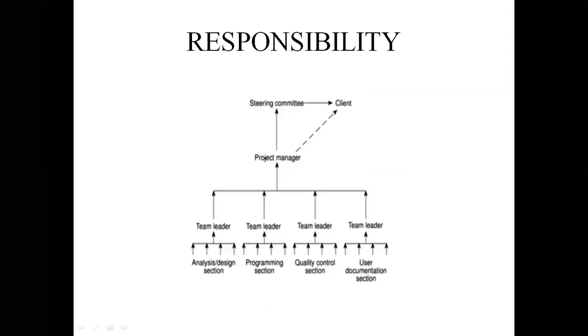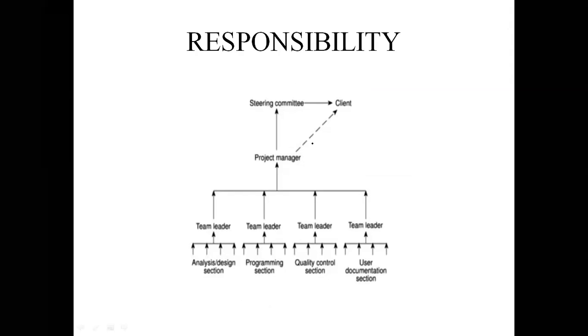Okay. So before going to this, we have to see the diagram. Steering committee. Here the overall responsibility of ensuring satisfactory progress on a project lies with the project steering committee or project board.